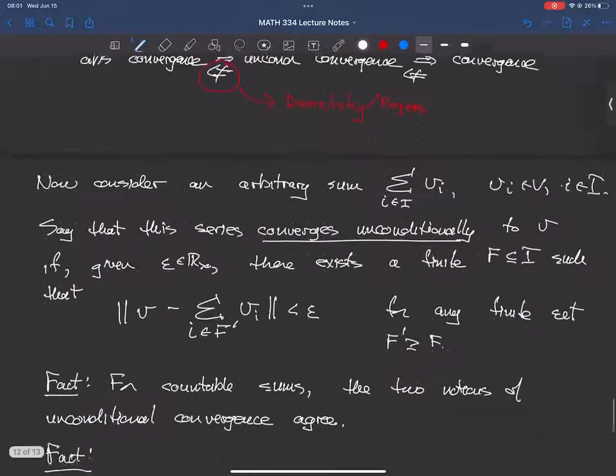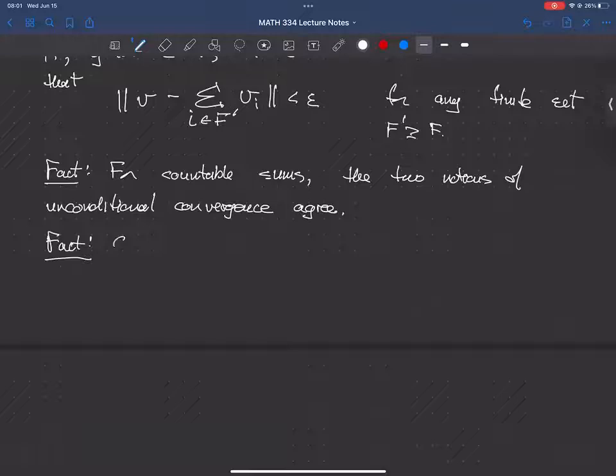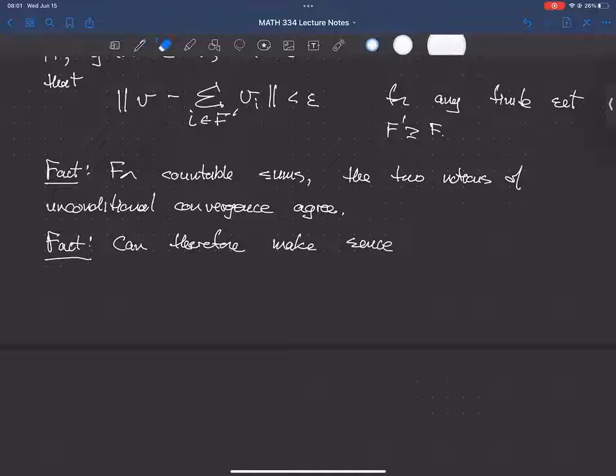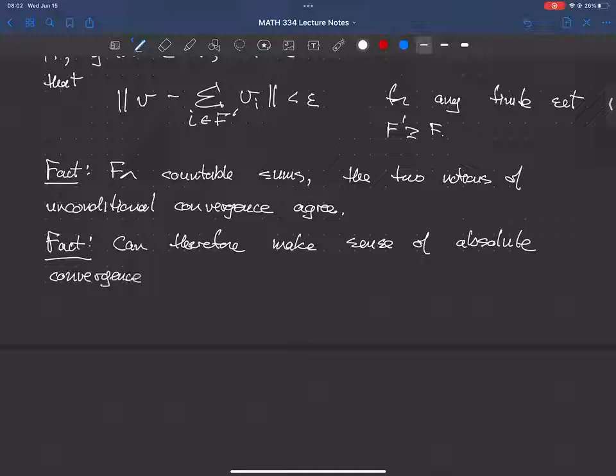And so I can therefore make sense of absolute convergence of a series.